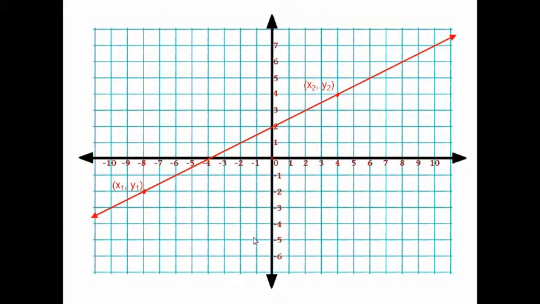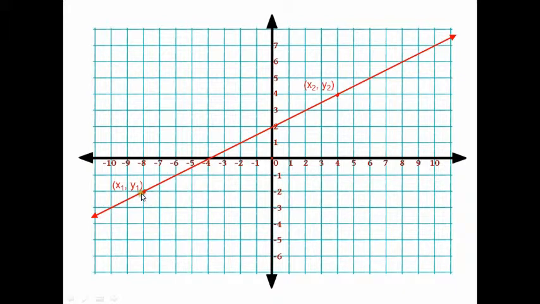But remember, these are just supposed to be generally thrown out there. They could be anywhere. So what we need to do is figure out how fast this line is going up, or it could be going down, really, if I would have put this down here somewhere.